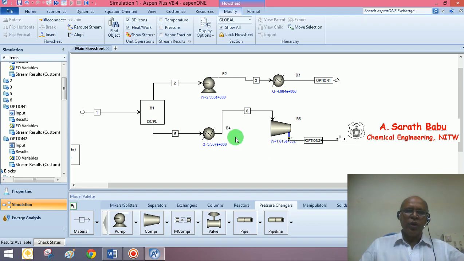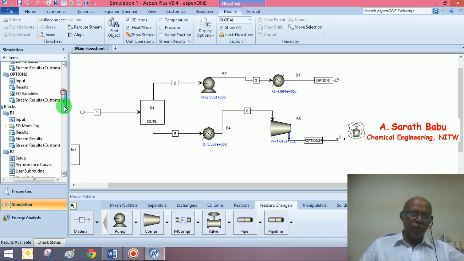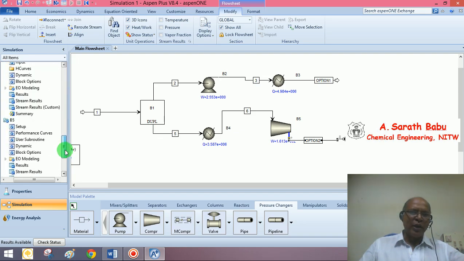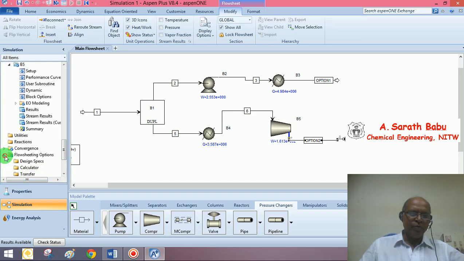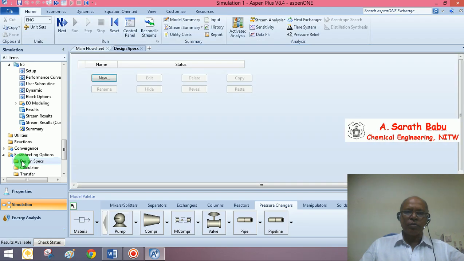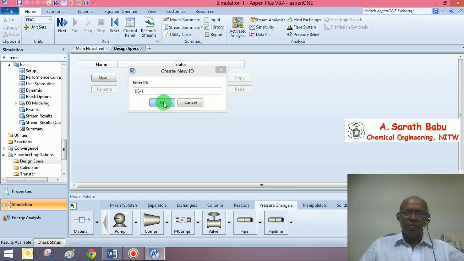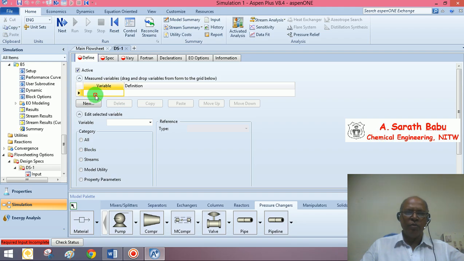To do this, we can use a design spec to calculate that intermediate temperature. So go to flowsheeting options, design spec. Now what is our requirement? The outlet temperature. That is going to be your defined variable, out T. What kind of variable is this?